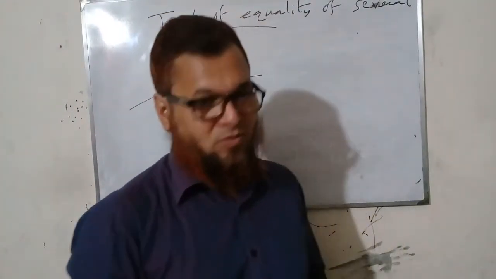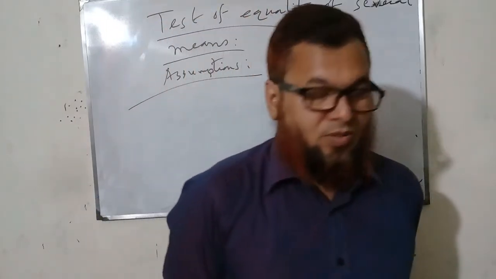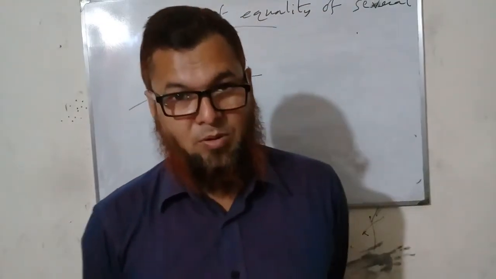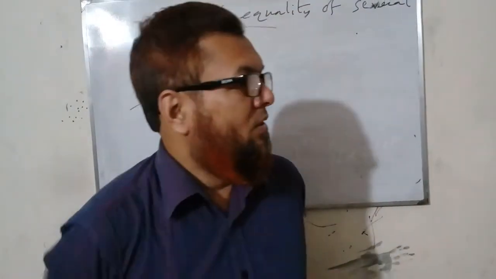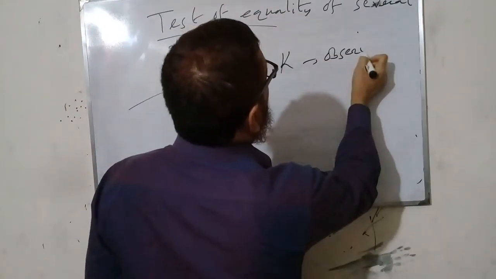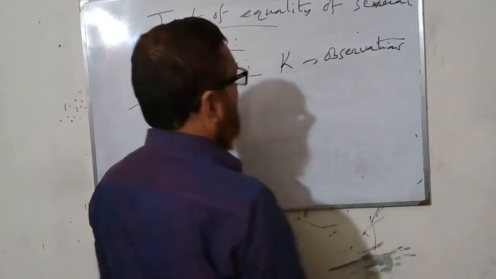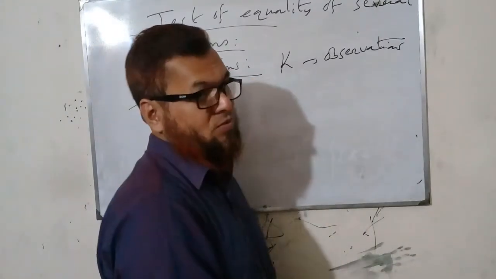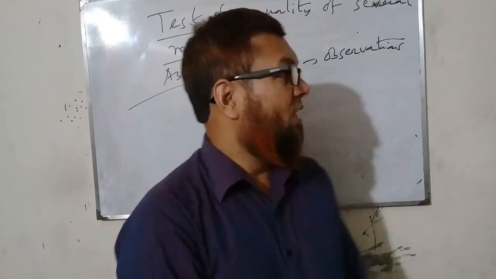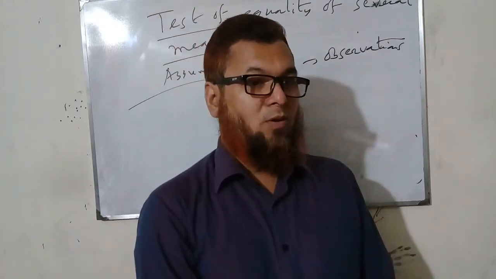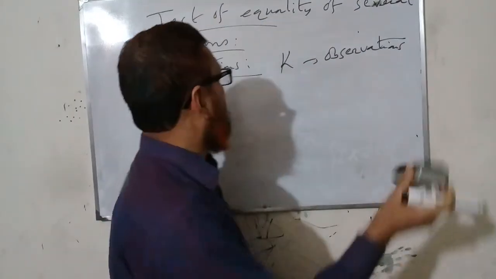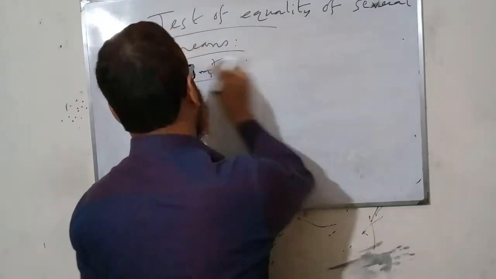Since it is several means, we let k random samples be selected from k normal populations. K means 4, 5, 6, 7, etc. K random samples are drawn from k normal populations. Next, these samples are independent. This is the assumption.